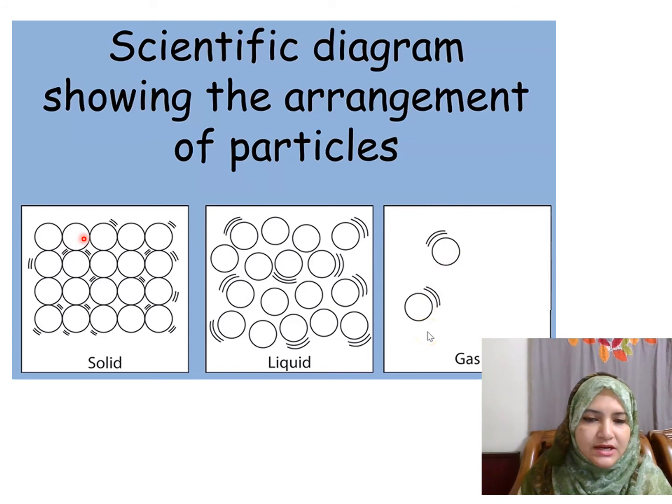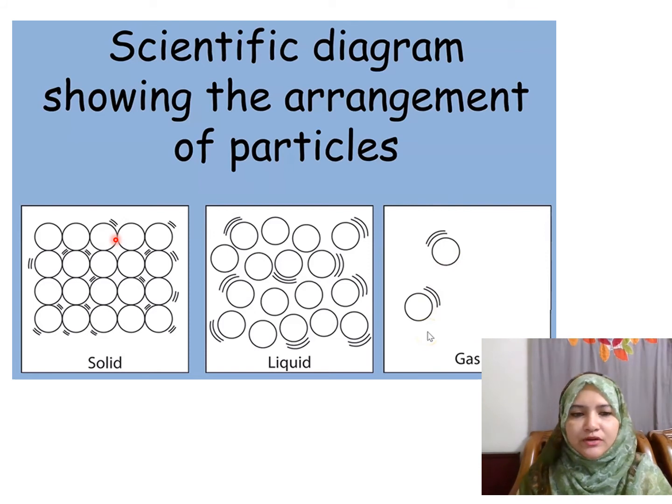These circles represent the tiny particles that it is made up of. In a solid the particles are very tightly packed together with no space between them, and they move very slowly. We cannot see them moving, but they vibrate, and that means we cannot observe or feel the movement or vibration of the particles in a solid.